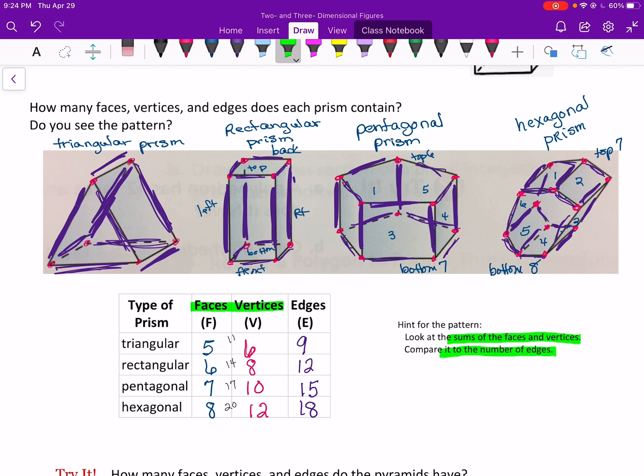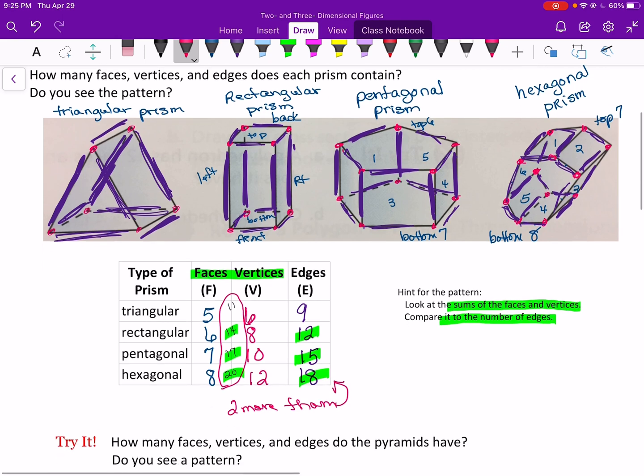Compare the 11 to the 9, the 14 to the 12, the 17 to the 15, and the 20 to the 18. Do you notice a pattern? Hopefully you did. You see that this sum is always 2 more than the number of edges. Now that's working on every one of these prisms.